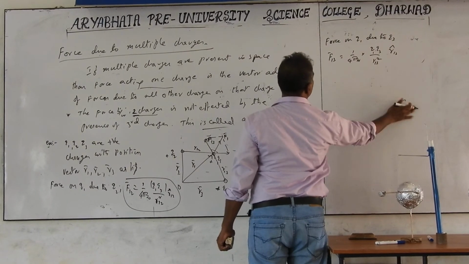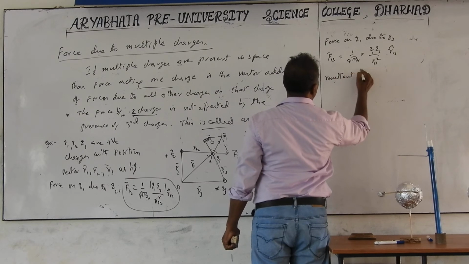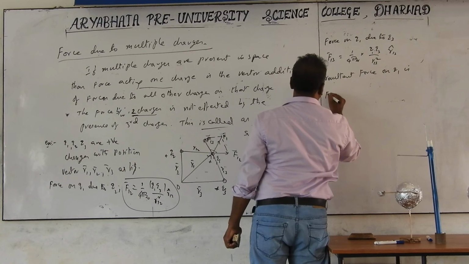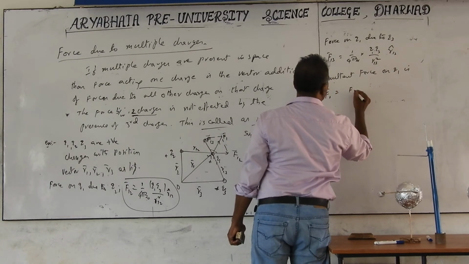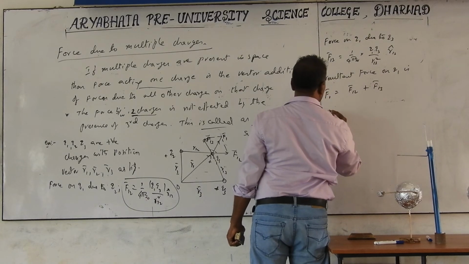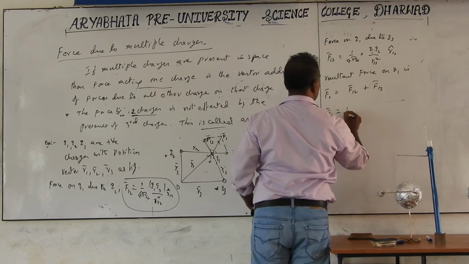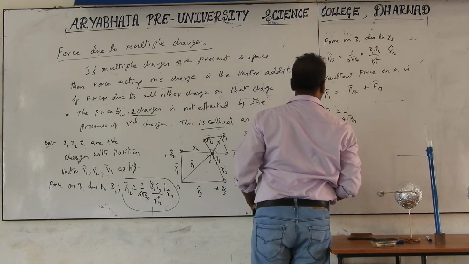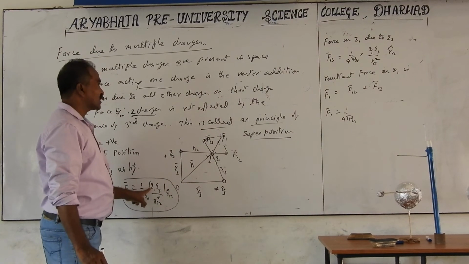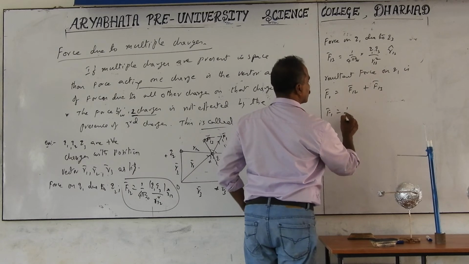Net force, the resultant force on Q1, is F1 bar equals F12 plus F13. Can I write it in vector form? 1 by 4 pi epsilon naught I can take out common, and Q1 is also common.